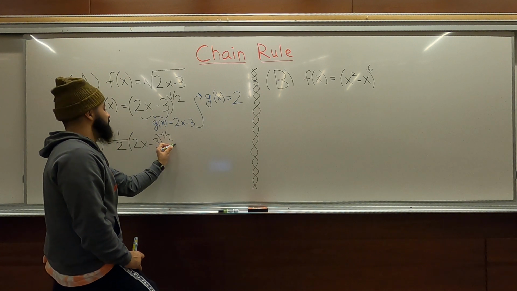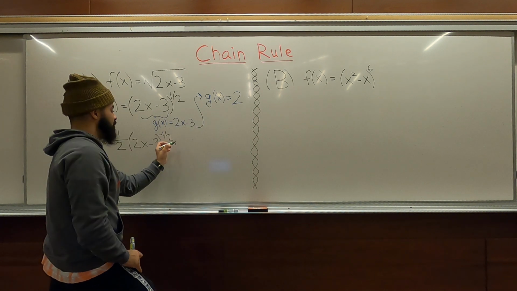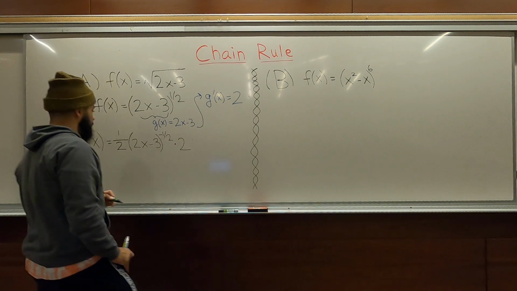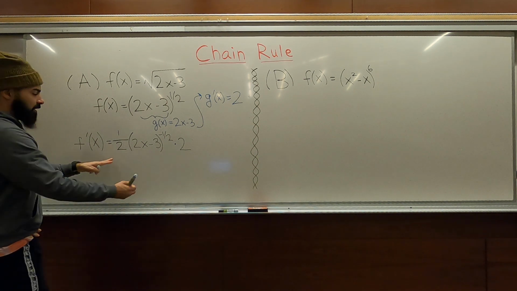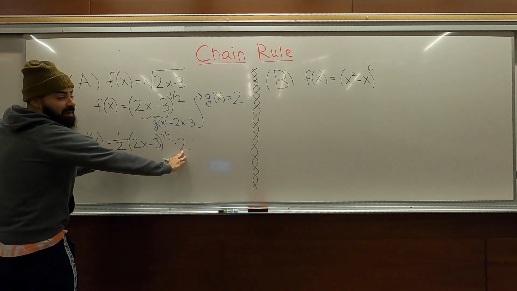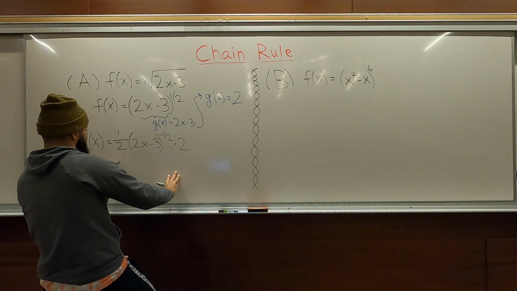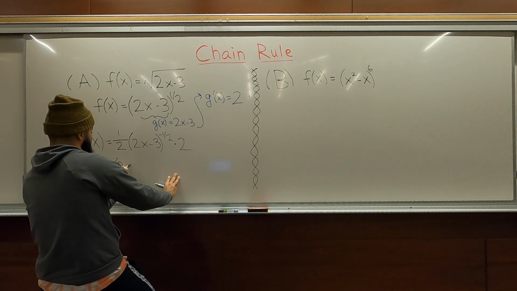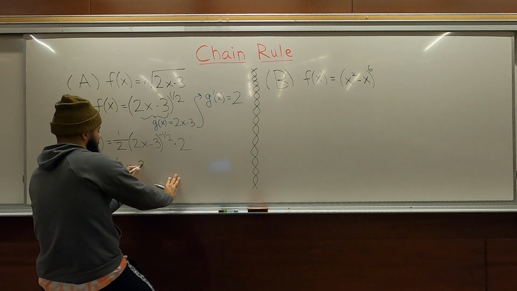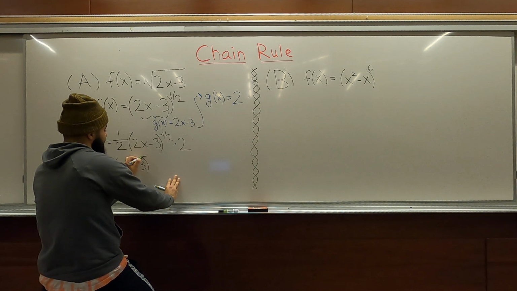And it's being multiplied by the g prime, which is 2. You're allowed to multiply 2 times 1/2, which becomes just 1. So then this is just equal to 2x minus 3 all raised to the negative 1/2.